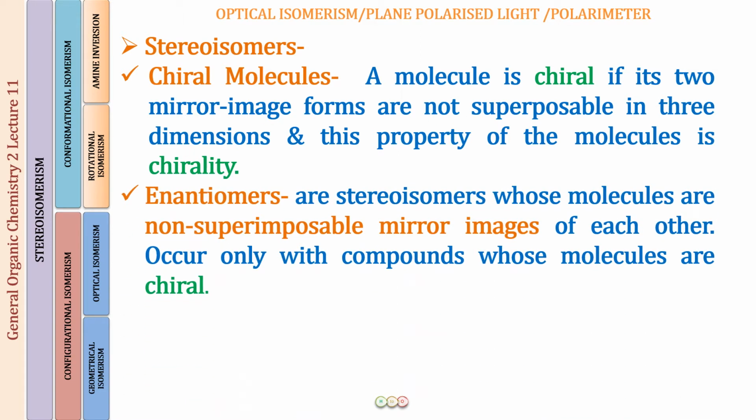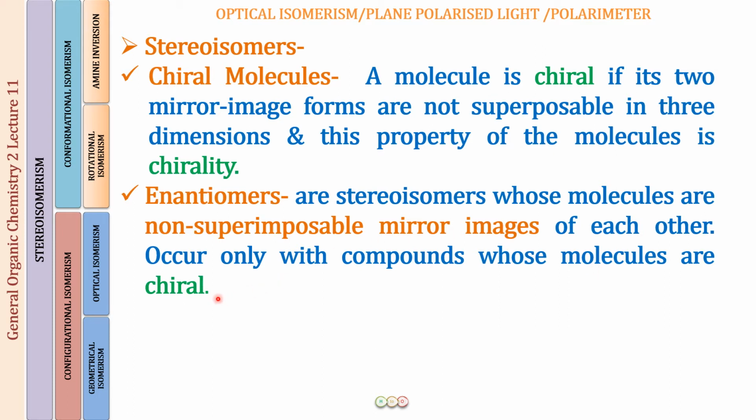Enantiomers are stereoisomers. Isomers which have the same molecular formula, same structural formula, but they differ in the spatial arrangement of atoms. So enantiomers are stereoisomers whose molecules are non-superimposable mirror images of each other, and they are going to occur only with those compounds whose molecules are chiral.